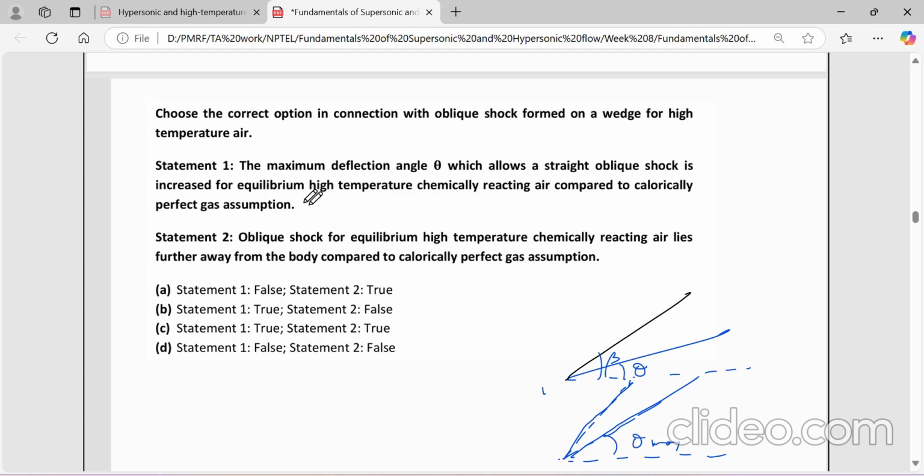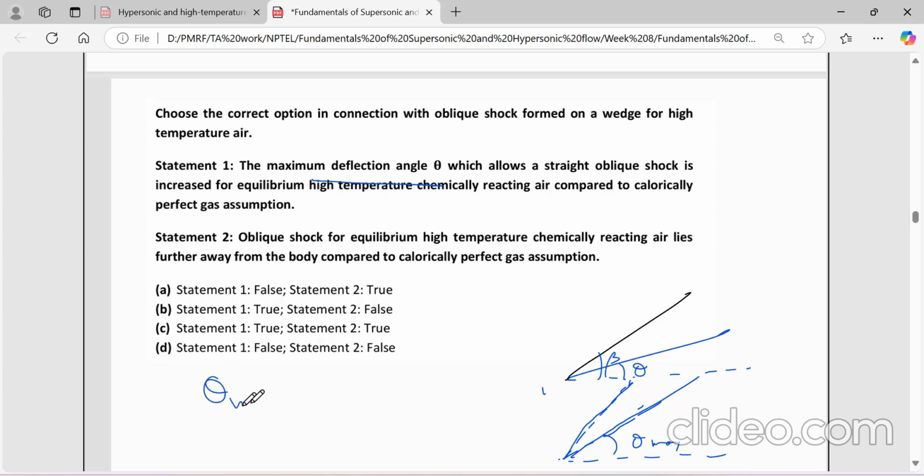So in this statement, it is telling that the maximum deflection angle theta, theta max, which allows a straight oblique shock, is increased for equilibrium high temperature chemical reacting gas compared to chemically perfect gas assumption.